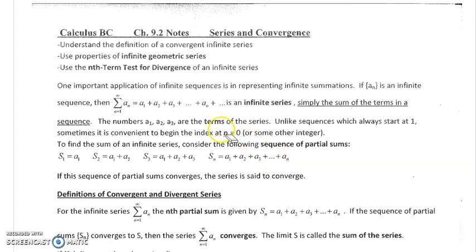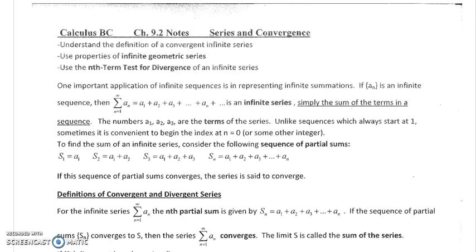So we can actually create a sequence, S1, S2, S3, S4, S5, dot dot dot, S sub n, dot dot dot, and that infinite sequence of partial sums can either converge or diverge. And if the sequence of partial sums converges to a value, then we say the series converges to that value.